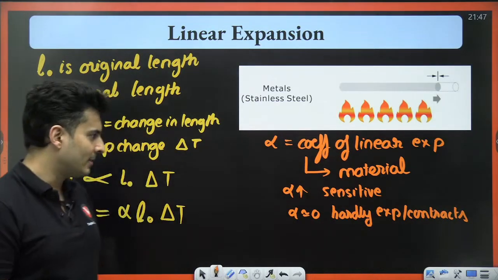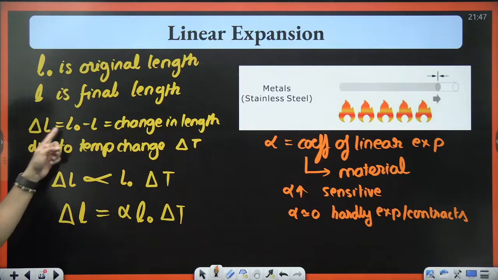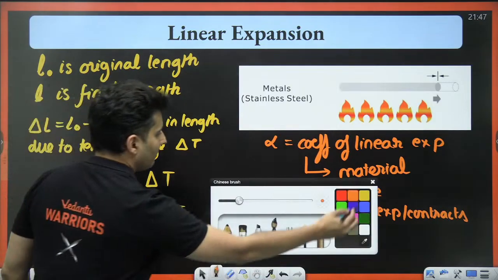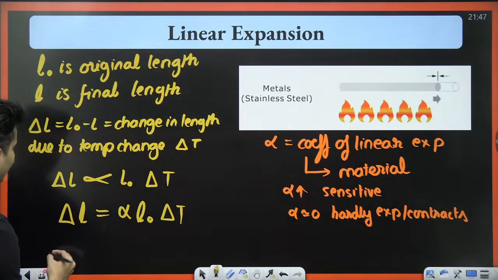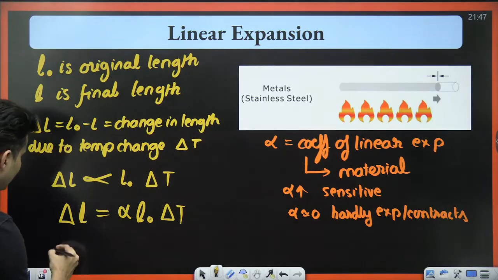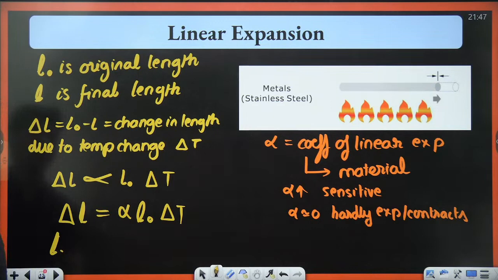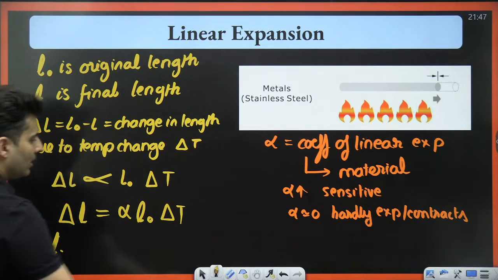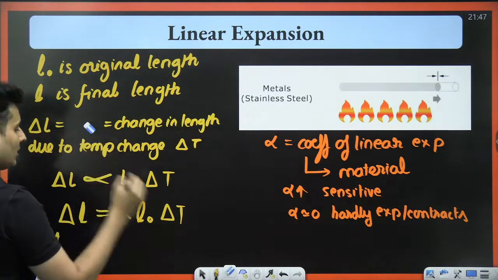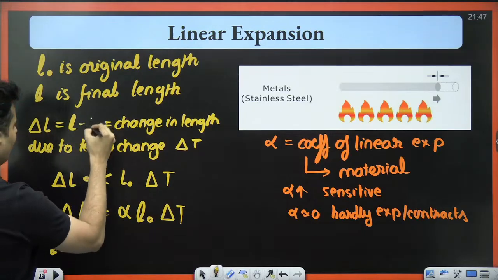Everybody with me? Awesome. Now, since delta L is L0 minus L, I can also write this as... oops, sorry, I wrote L0 minus L, my bad. I should have written L minus L0, because L will be more and L0 will be less.